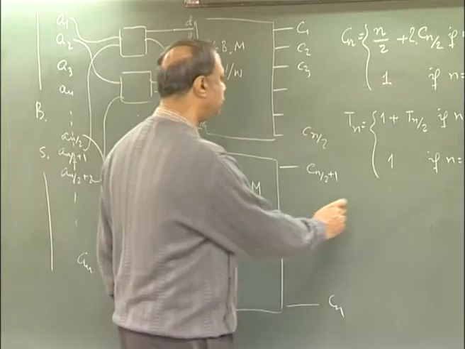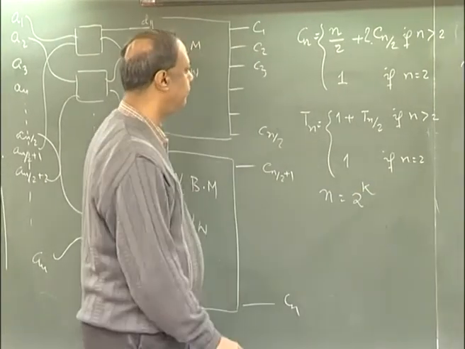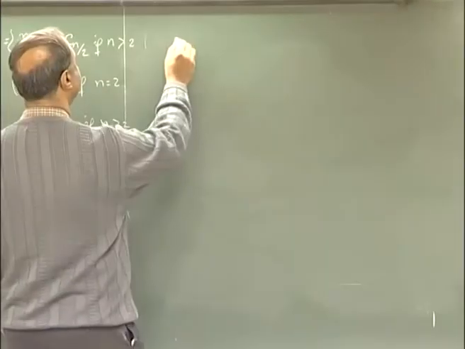Now assume n equals 2 to the power k. So you can easily solve Tn.